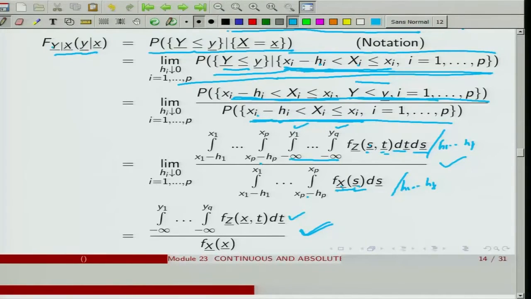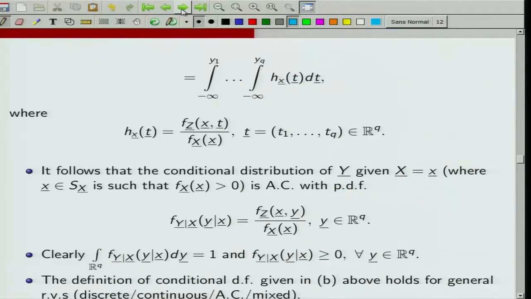So, this is the distribution function of y at the point y when x is fixed at small x. I can take f x x, which is common, and distribute it inside the integral. So, this becomes minus infinity to infinity, minus infinity to y q, h x t d t.